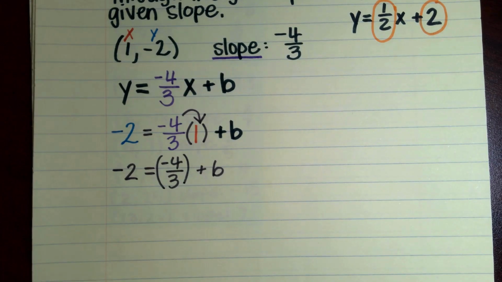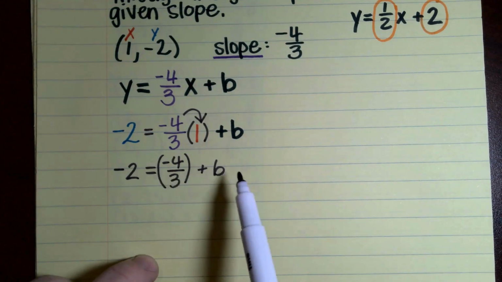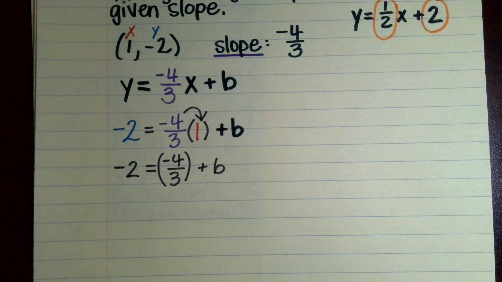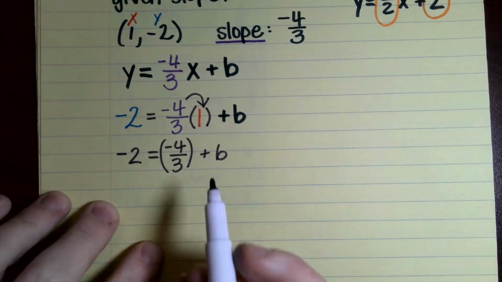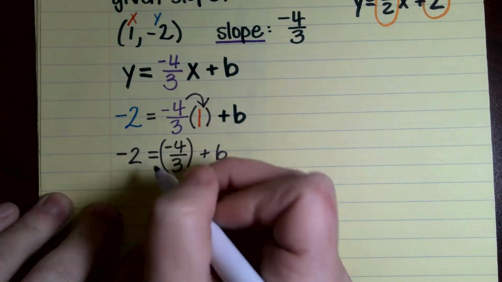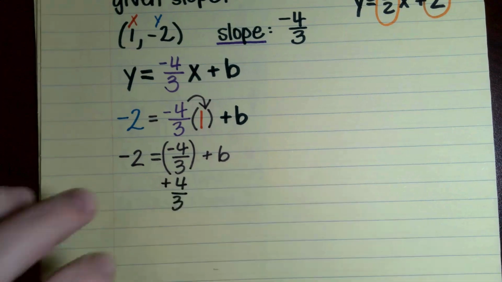When we have a negative number that we're trying to get rid of, we have -4/3 added to b. What is the inverse operation to get rid of a negative number? Do we remember? Addition. So I have -4/3. So to get this to cancel out, I'm going to just add 4/3.